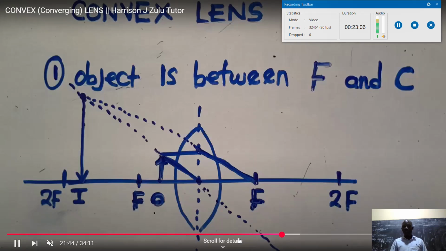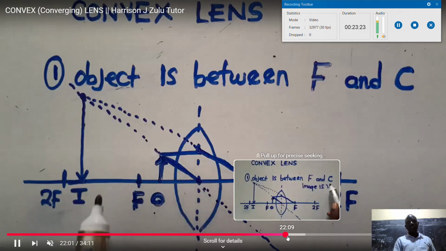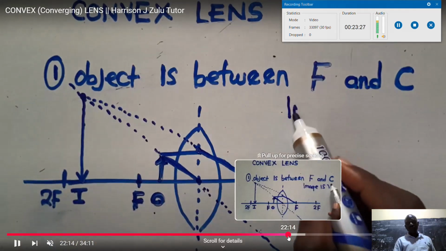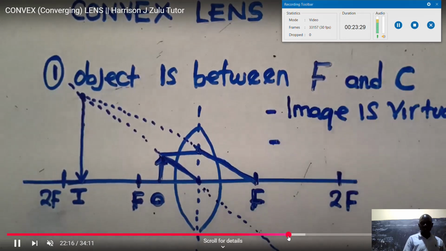And when we come to the description of the characteristics, the properties, the nature of the image being formed, our image I, we shall look at which type of rays have formed this, or have met. So we shall look at the intersection.